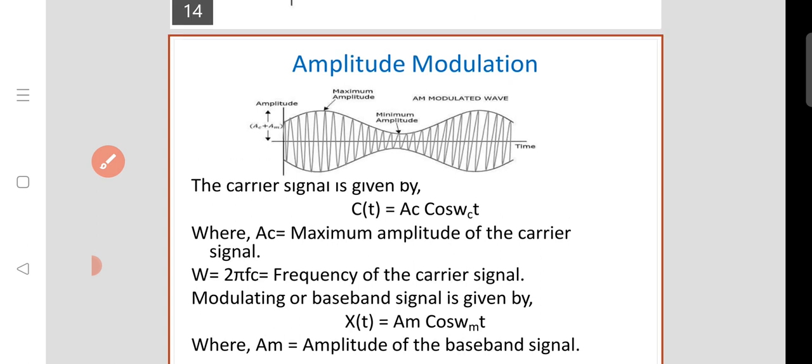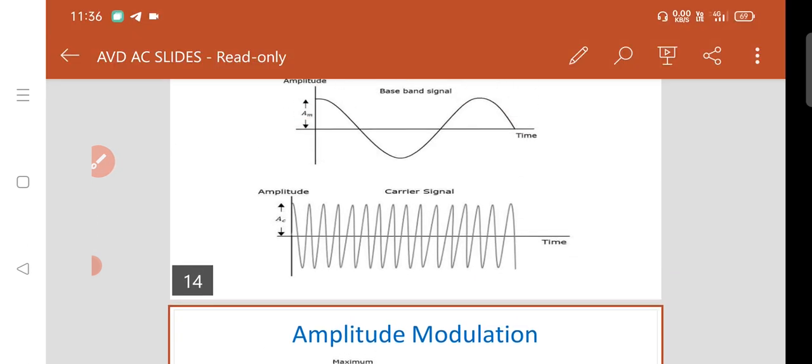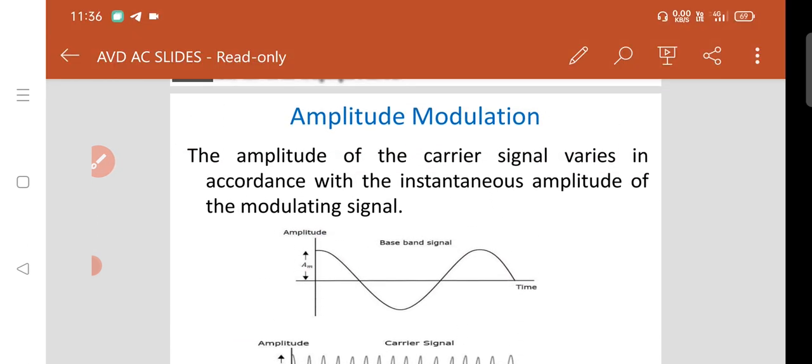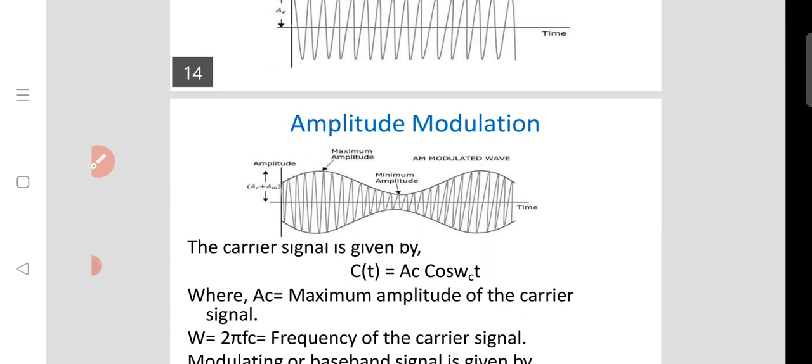So this is the basic concept of amplitude modulation.